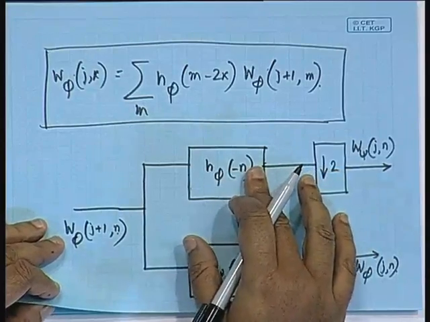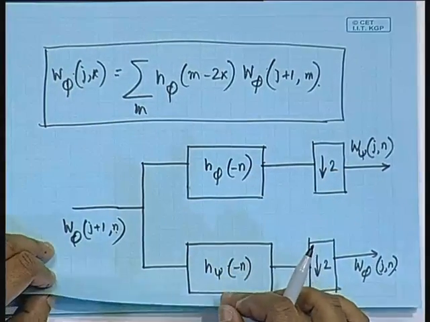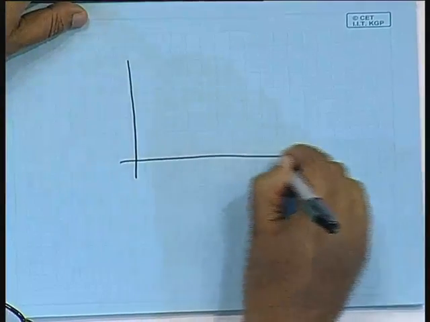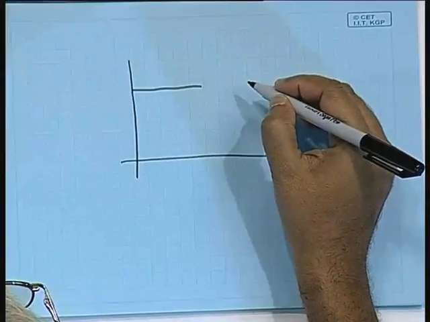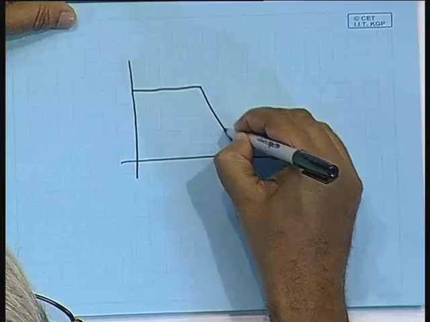So, your number of samples is increasing, and on the other hand your bandwidth gets halved, because if you are realizing the filter like this. See, h phi of minus n is a low pass filter, h psi of minus n is a high pass filter. Now, I cannot have an ideal filter, that is not practically realizable.